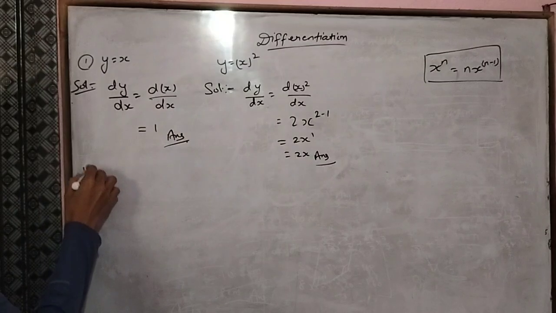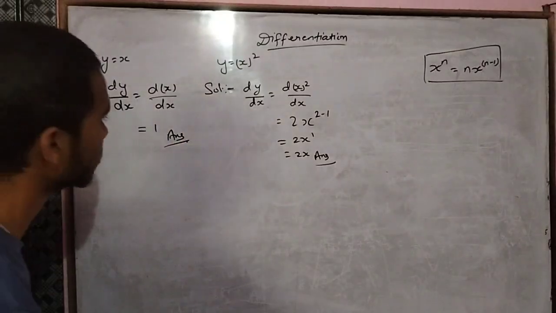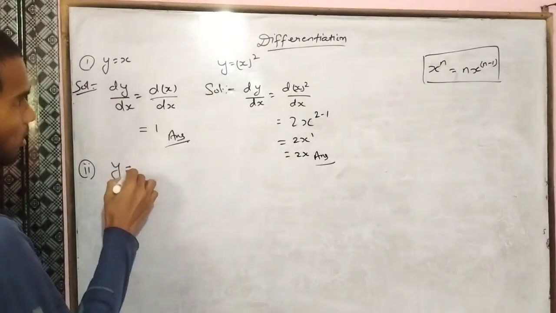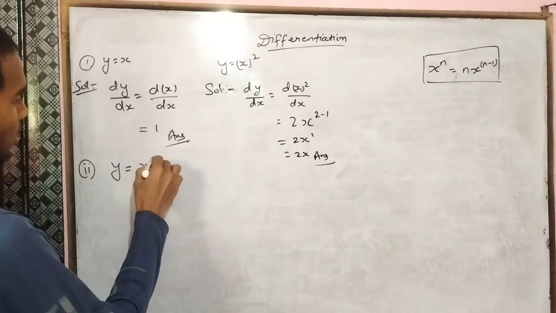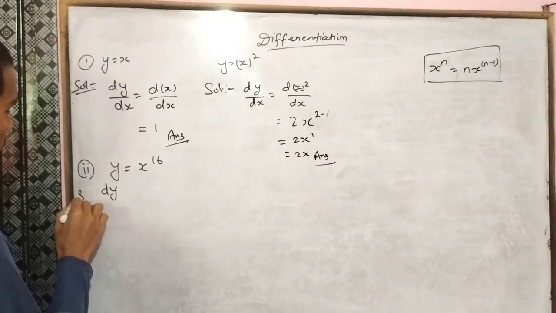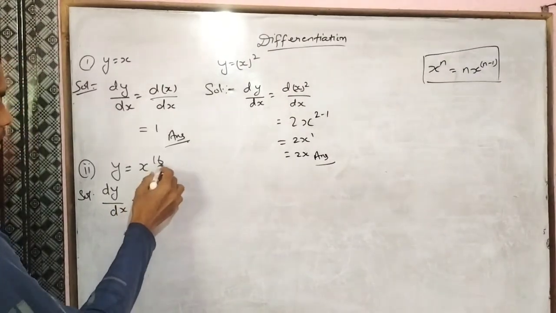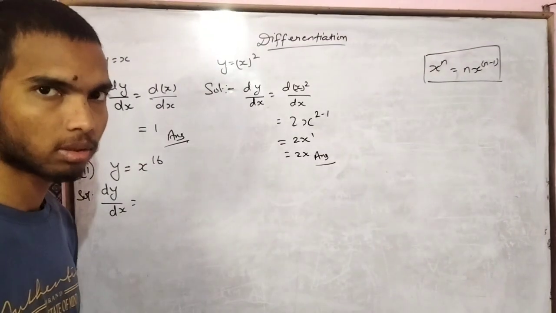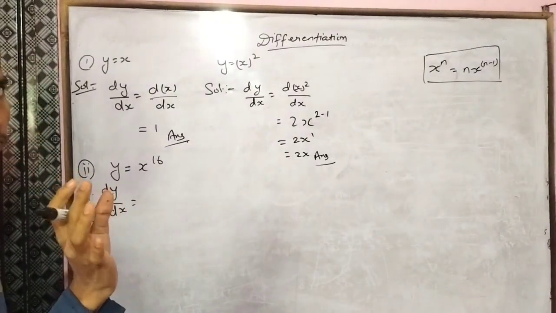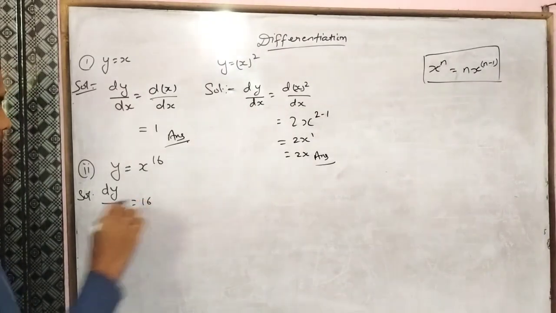Now I give you another question based on this question. y is x raised to 16. How would you solve it? First of all, the exponent will be written at the first place, 16.